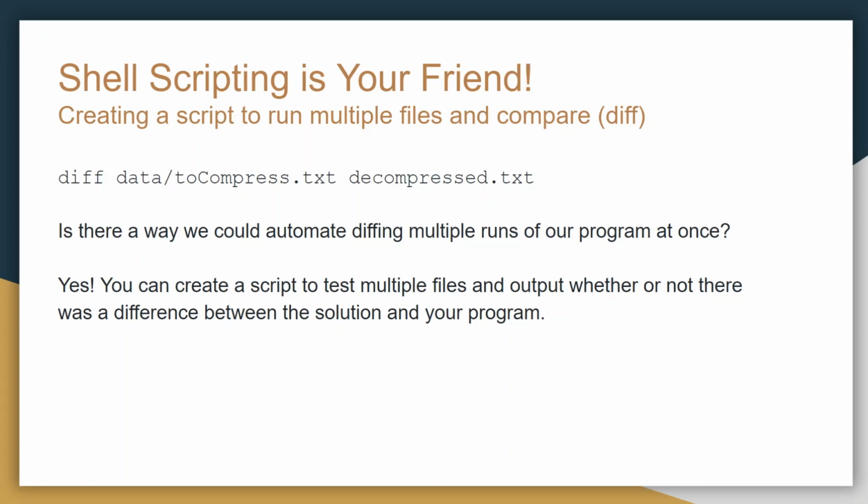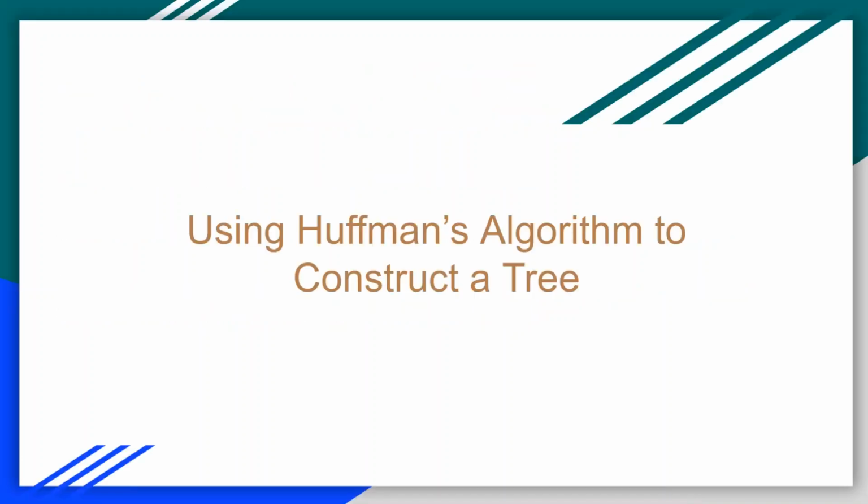Shell scripts are great. I think some of you probably learned about them in 15L and may have continued to use them, but just in general, they're great for automating tasks. If you see yourself doing something multiple times, there's probably a way you could automate it, and that's just a good skill set and part of being a good programmer. So this is a good opportunity to test that out, though it's not required, but it'll make it much easier to test, and it's, once again, just a good skill set.